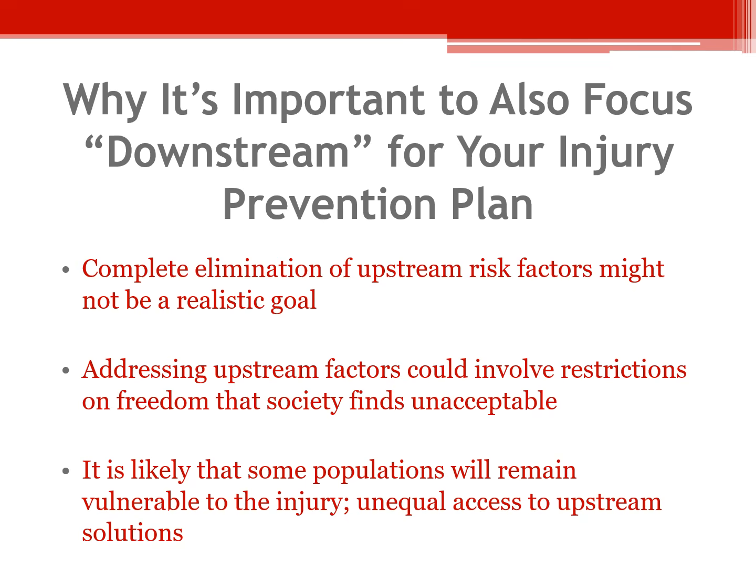Finally, there are some socioeconomic factors we must consider if we want to think about the whole picture. For a lot of things, it's likely that some populations will remain vulnerable to the injury because there's not always equal access to upstream solutions. An example of this in a lot of our current societies here in the US would be dedicated off-road bike lanes. They're a great thing to promote bicycling as an alternate pollution-free form of transportation, and also for better cardiovascular health.